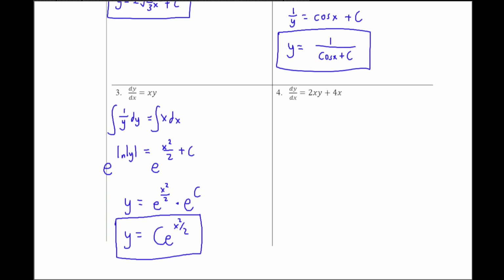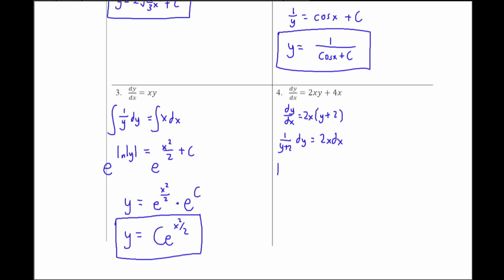Question 4 right here. You notice how you first have to factor this because the xy is combined and you're adding something. So you can say dy/dx is equal to, factor out the 2x, parentheses y plus 2. Now the variables are separated, you can do the separation of variables. So you have a 1 over y plus 2 dy equals 2x dx.